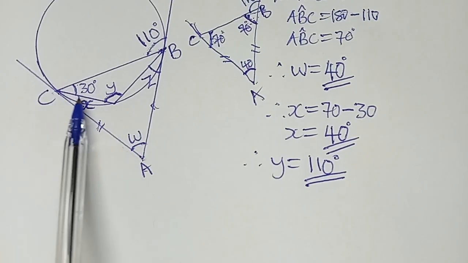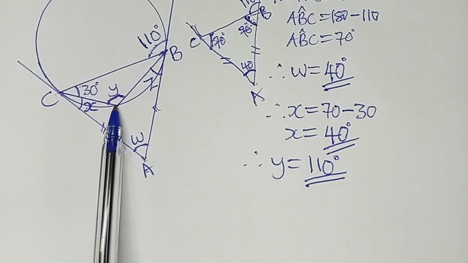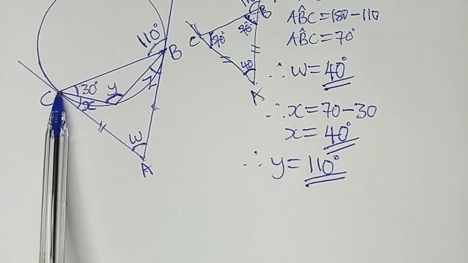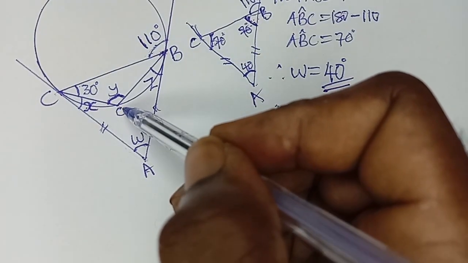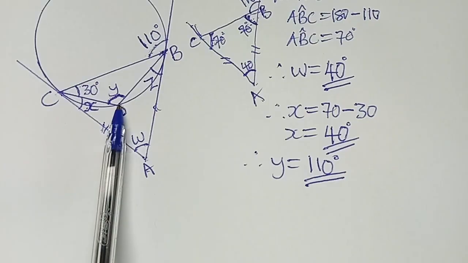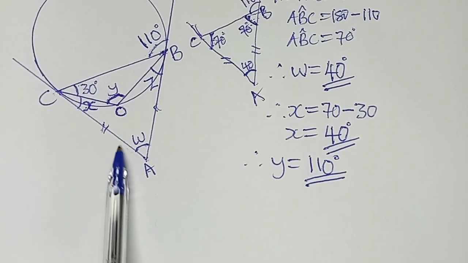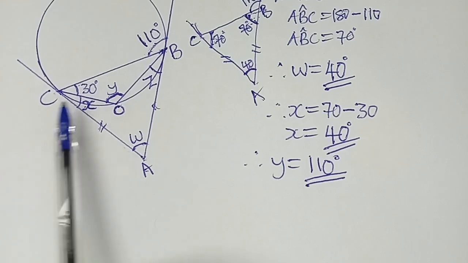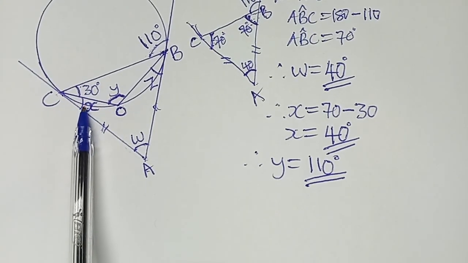Now, this angle x here, if you look at this chord in the circle, let me call this place O. This chord CO makes angle X with this tangent. Hope you can see that clearly. The chord CO makes angle X with this tangent.